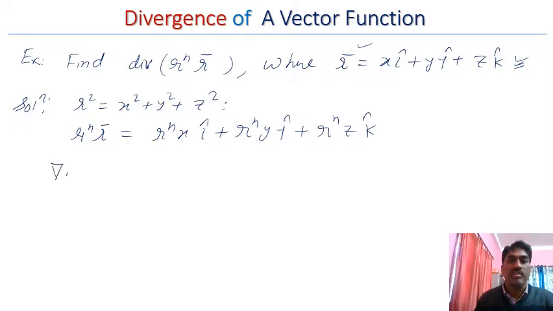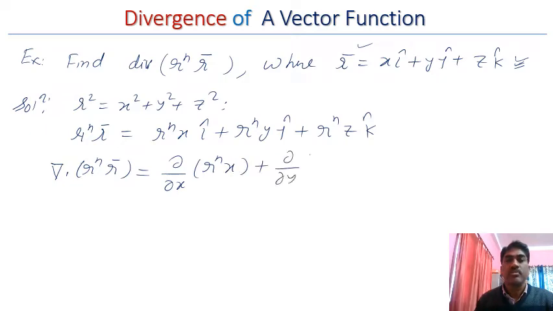So the divergence of r^n r is equal to the partial derivative with respect to x of the first component, plus with respect to y of the second component, plus with respect to z of the third component.